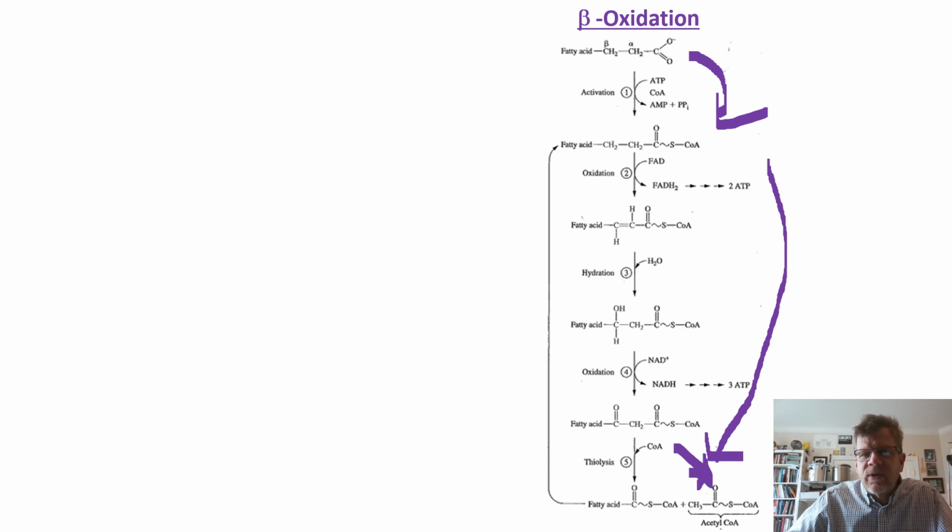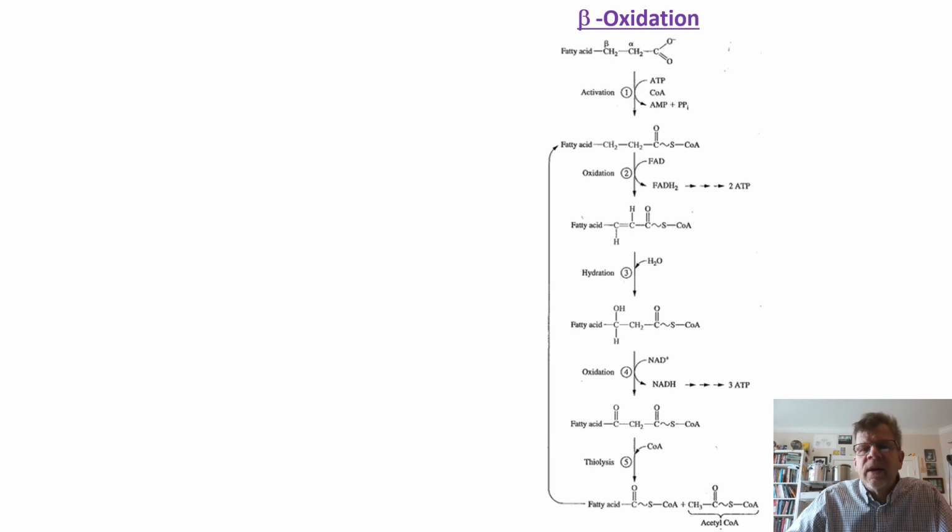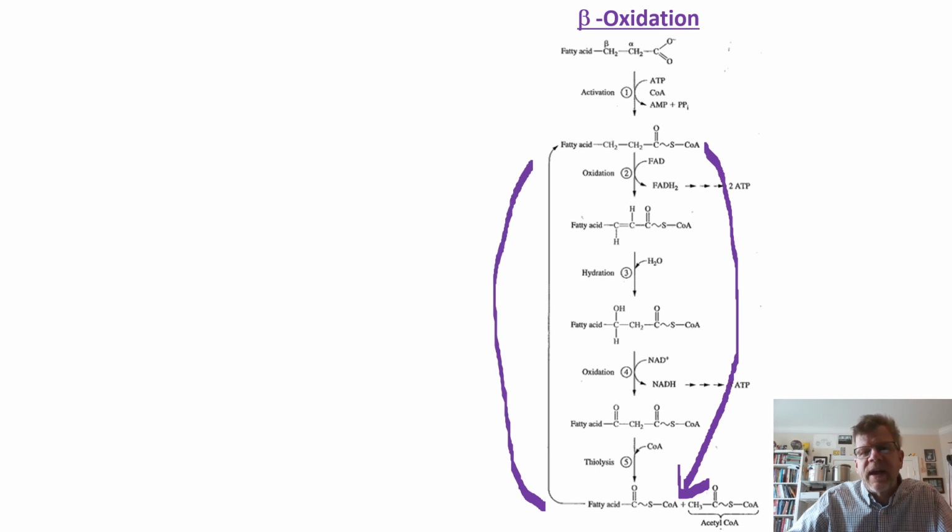And as soon as I clear this up a little bit, we can see that going from here to here, we have shortened that original fatty acid by 2 carbons, and here again now we are showing the cyclic nature of it.